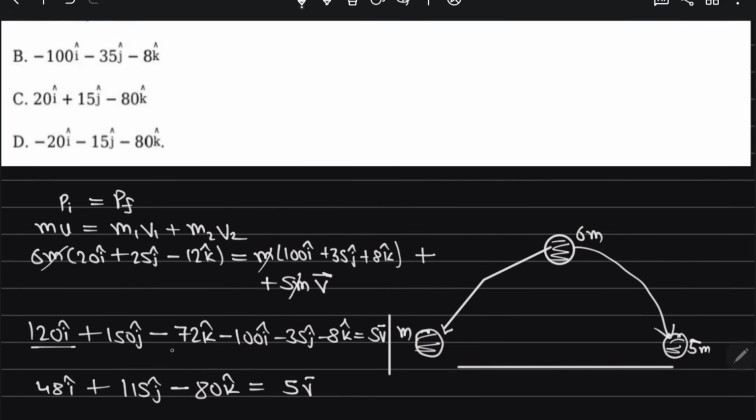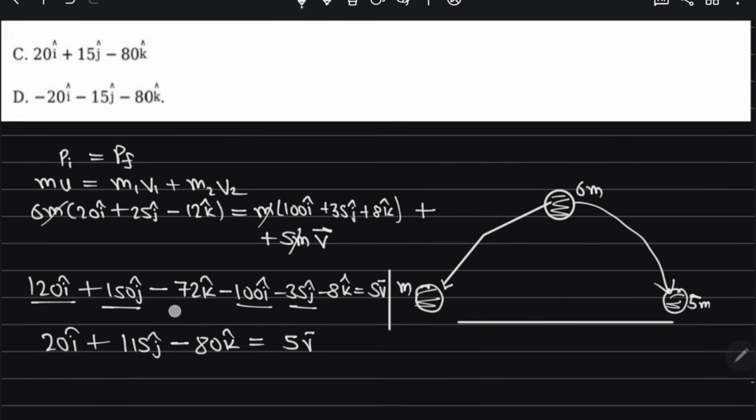Oh, this is 120 minus 100, that is 20 i cap. 150 minus 35, that is 115 j cap. 72 minus 8, that is 64 k cap.